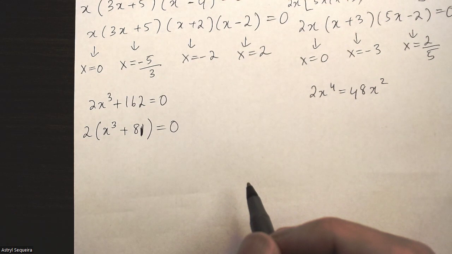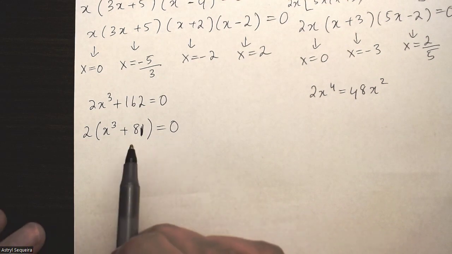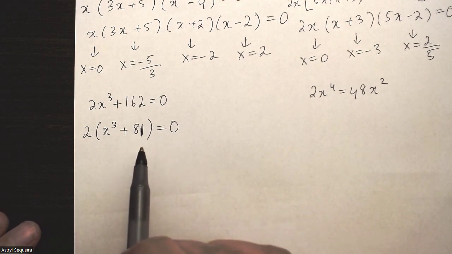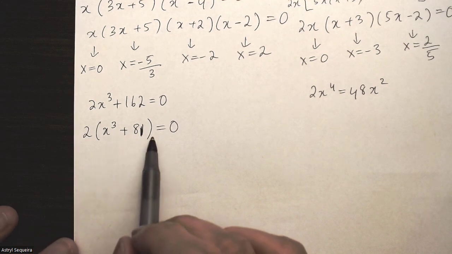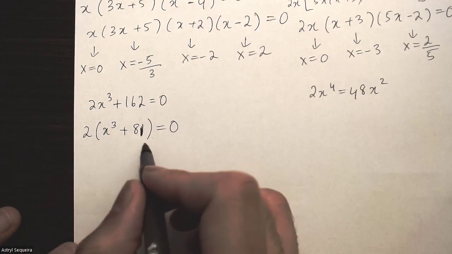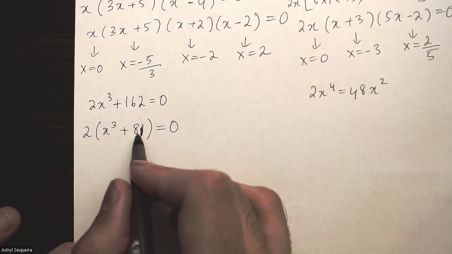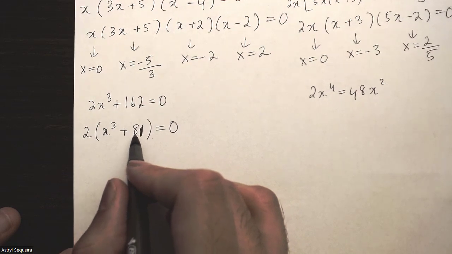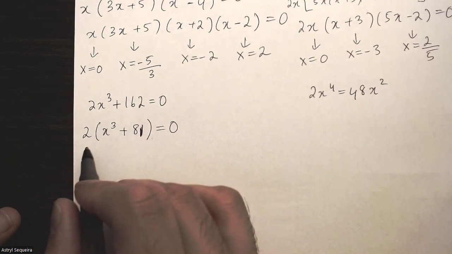And now I can do difference of cubes on this. Or I guess sum of cubes since it's a plus. But can I cube root 81? No, it's not possible actually, because I can't cube root 81.